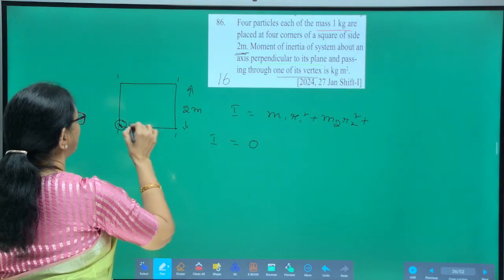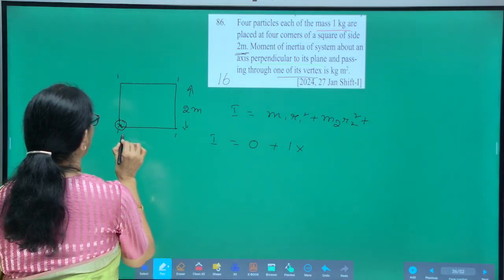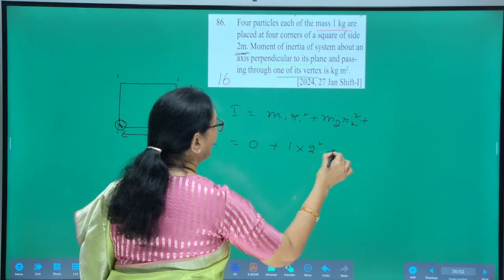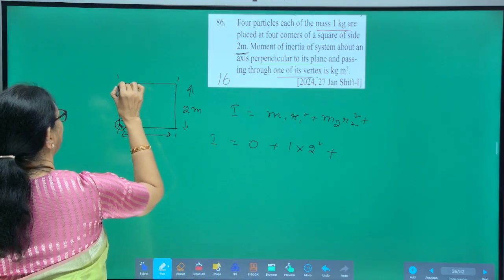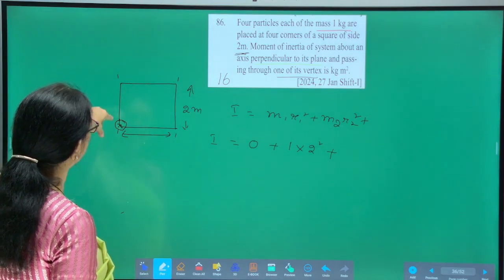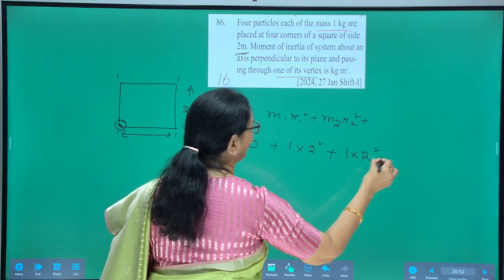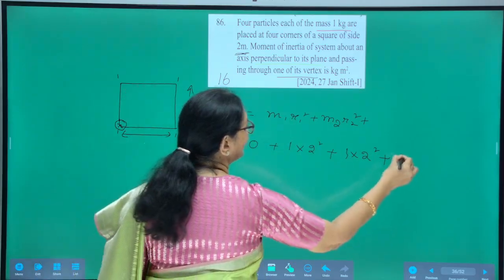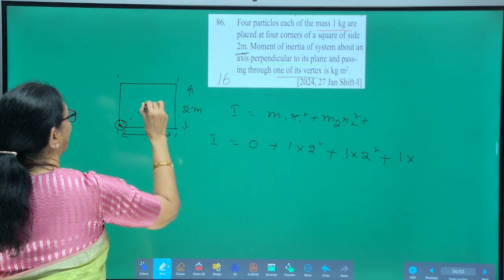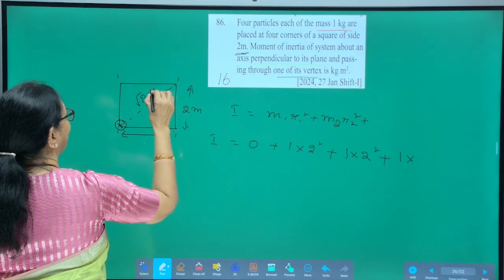Moment of inertia of this particle about this axis becomes: mass is 1 and the perpendicular distance is 2 meters, isn't it? So, 1 into 2², plus the moment of inertia of this one about this axis is mr², mass is 1, perpendicular distance between them is 2 meters once again, 1 into 2², plus for this one mass is 1, and the perpendicular distance from the axis is nothing but the diagonal length, that is root 2 into the side length 2.